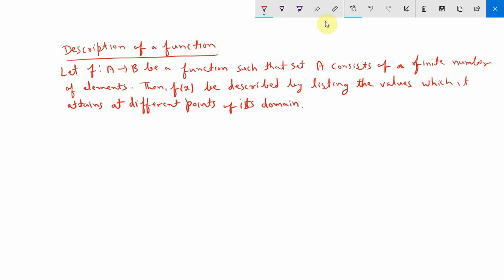Okay, so what a domain is, we will discuss.